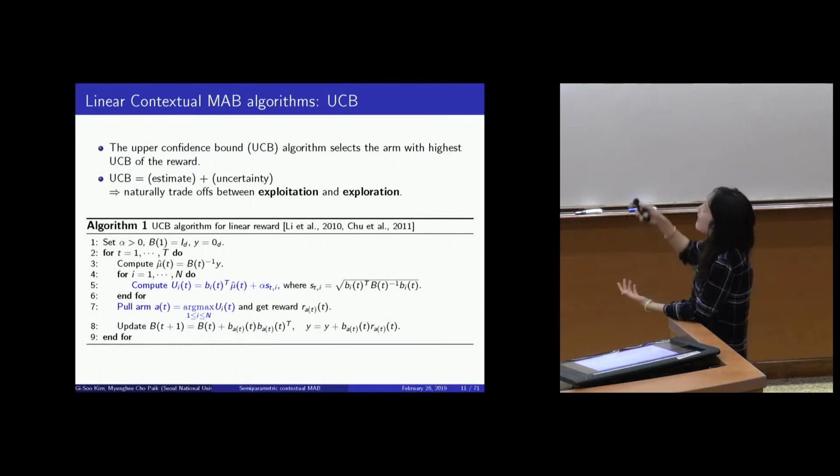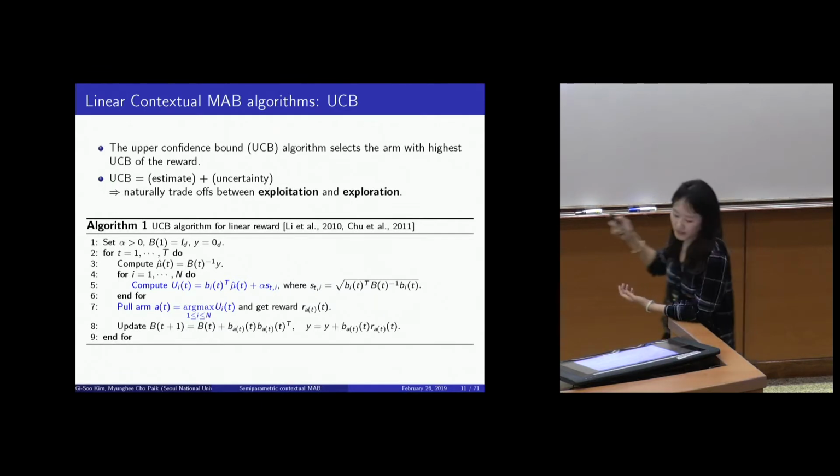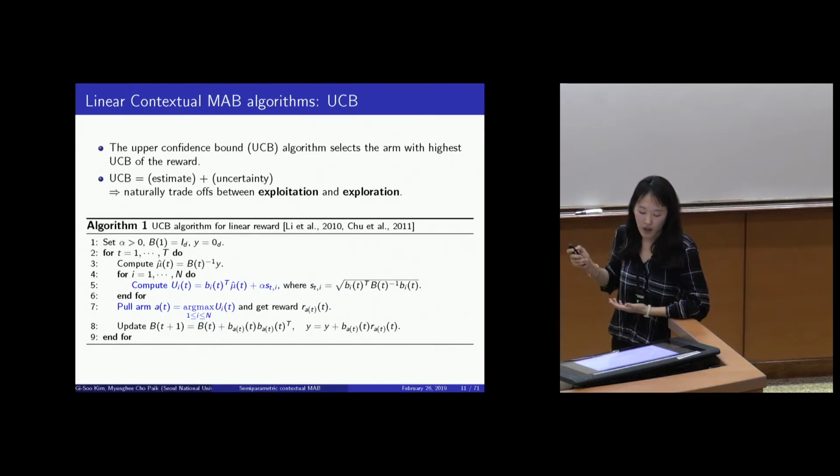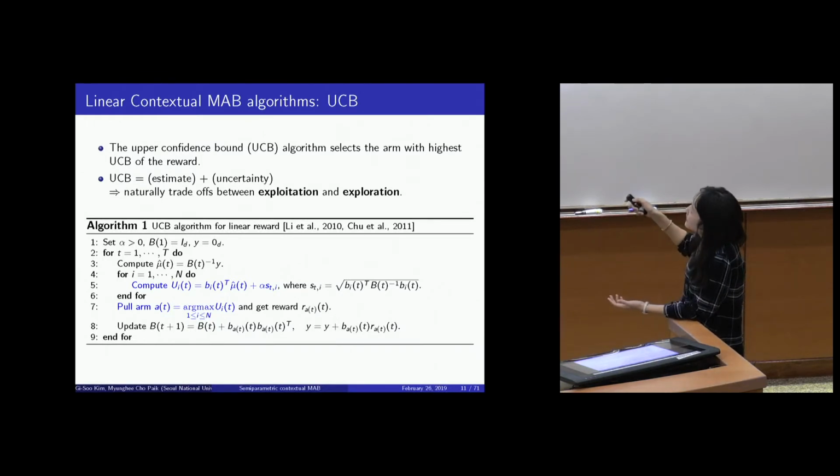Specifically, at each time, the algorithm updates the estimate of mu, and based on that, computes the upper confidence bounds of each arm like this, where this is the current estimate of the reward plus an uncertainty part. And alpha is a positive constant that controls the degree of exploration. Then the algorithm pulls the arm that maximizes the UCB.